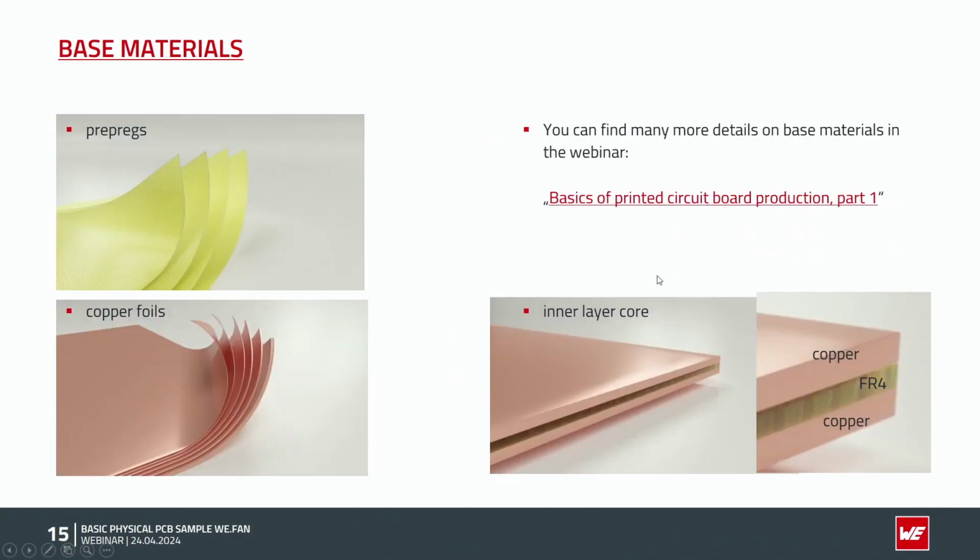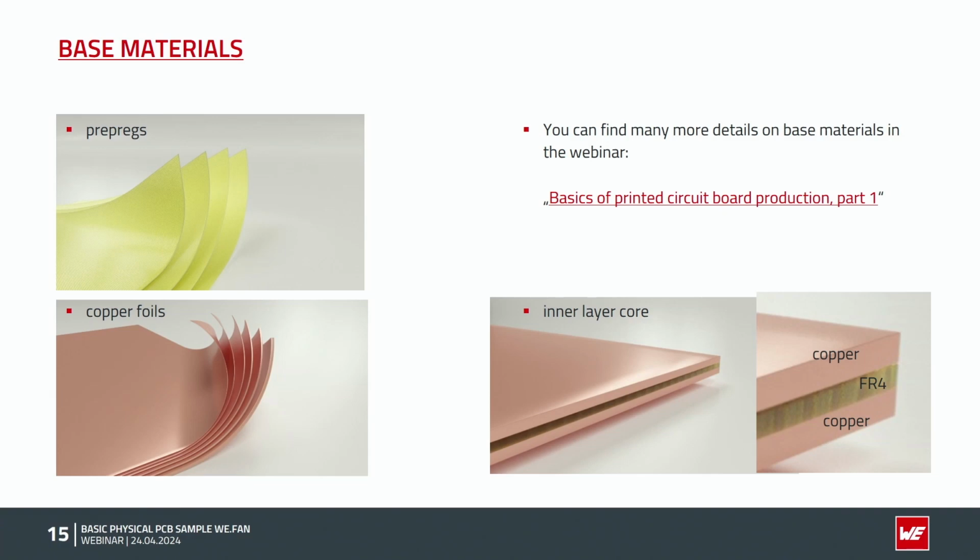So this is the next step of our agenda, having a closer look at the used base materials in a multi-layer. So of course we are using prepregs. This is an artificial wording which comes from pre-impregnated. That means glass cloth impregnated with resin, and the resin is not fully cured, but just partially cured.